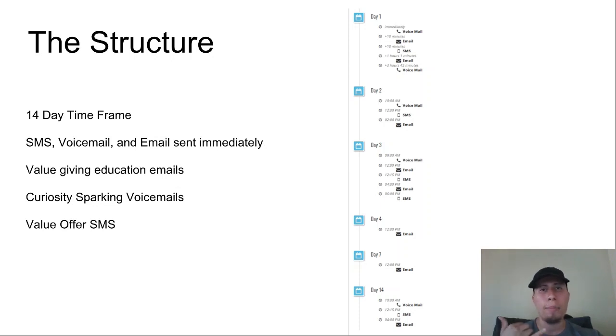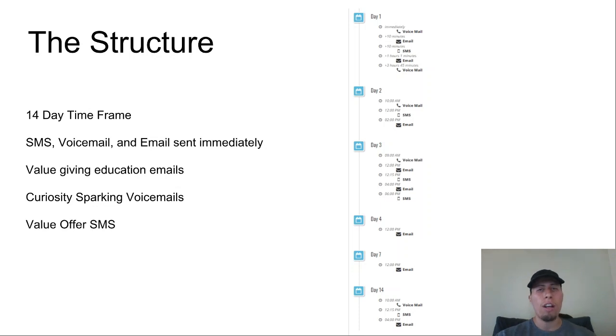And then it's also letting them know that they're going to receive an SMS and an email sent to them. And on day 2, they're also going to receive a combination of voicemail, SMS, and email. They're also going to receive on day 3, day 4. Then it staggers after the 4th day. So day 7 and then day 14 is when we hit them with the voicemail, text, and email.